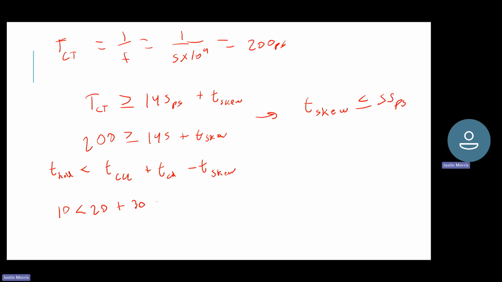So without skew, we're satisfying the hold time constraint, right? 50 is greater than 10. But now we're asking if we add skew, what is the maximum that it can be? Well, T skew needs to be less than 40 picoseconds.